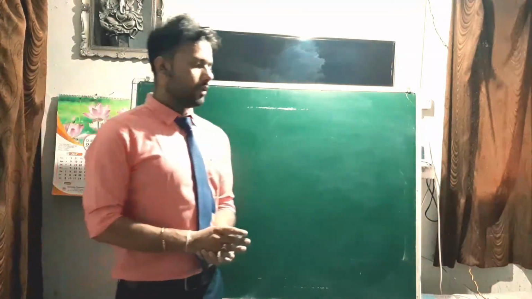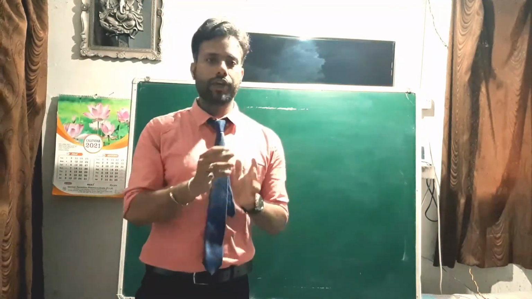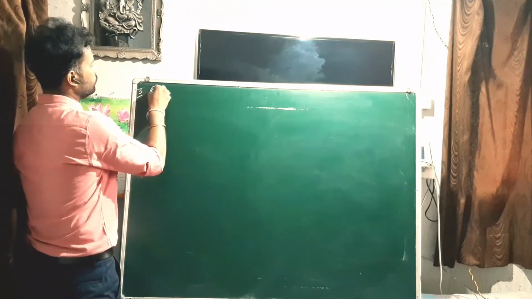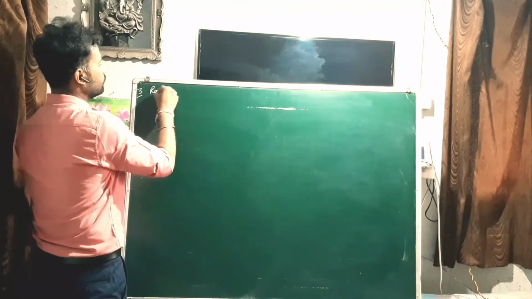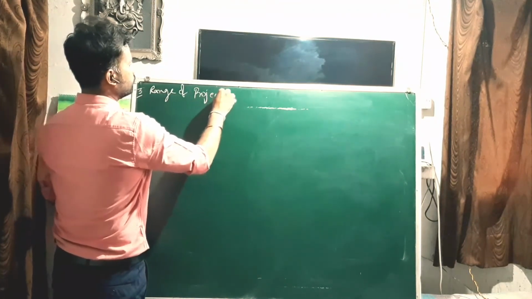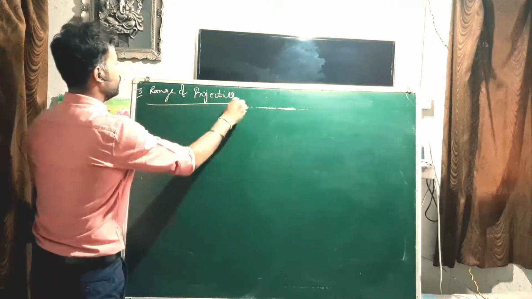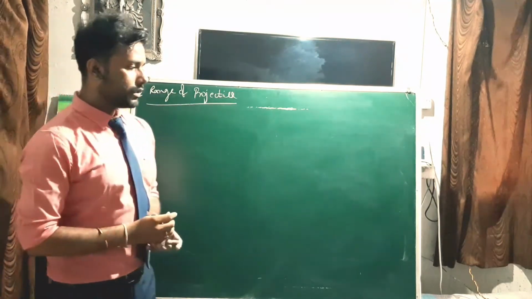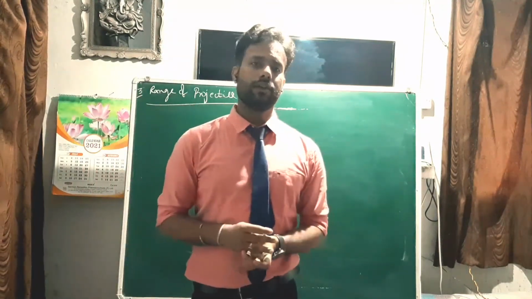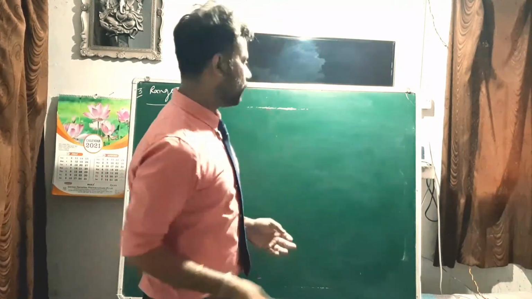The last term related to this projectile is the range of the projectile. Here the range means the maximum, or we can say the total horizontal distance covered by the projectile at the end of the time of flight.